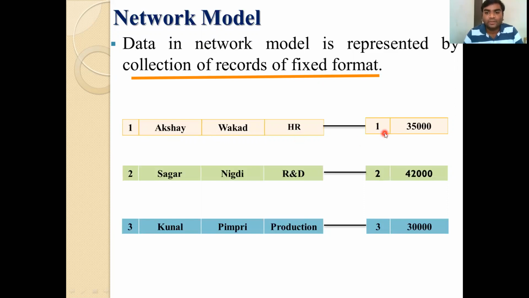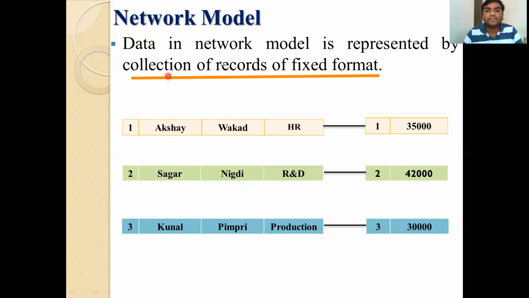In another record, again with the same employee ID number, there is the record of employee salary. And these both records are interconnected with each other by this line. Similarly, here is the record for another employee, employee ID is 2, employee name, employee address, employee designation, again employee ID with salary. So this is the network model.